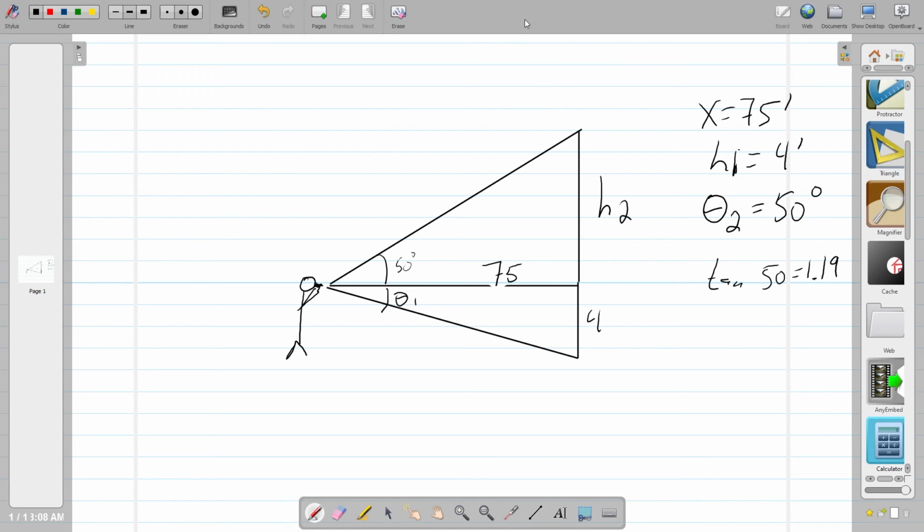All right. So then we want 1.19 equals H2 divided by 75. Again, we can use our butterfly method here. H2, go next door. You're going to multiply 1.19 by 75.